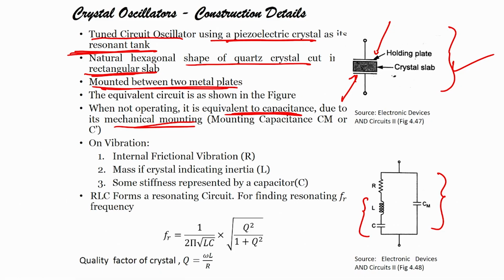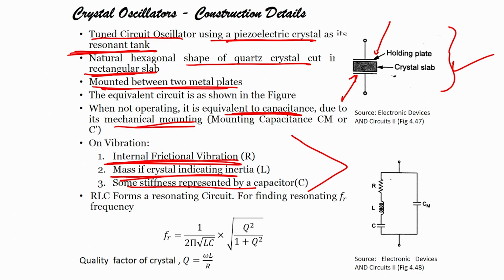Now, on vibration, the internal frequency vibration has mass of the crystal indicating inertia, and some stiffness represented by capacitance C. So on vibration we have these three components R, L and C that you can see right over here. It is just a capacitor when it is not operating, but when it is operating, there will be a resistance. The resistance is because of the internal frictional vibration.